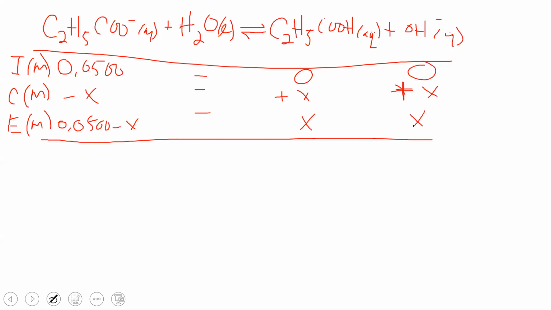The other thing we need to do here is calculate our Kb. So we know that the pKa is 4.86.